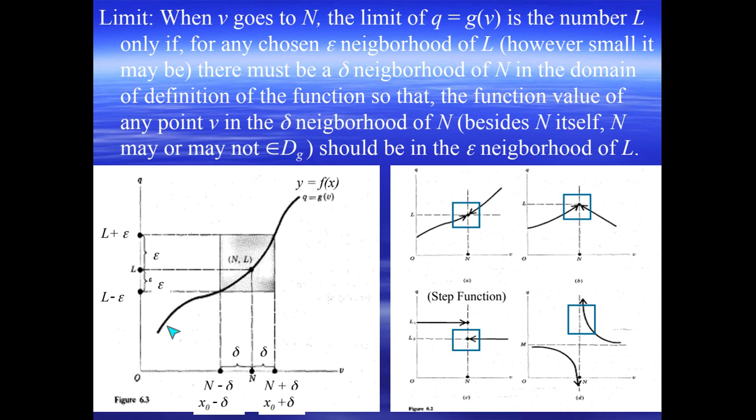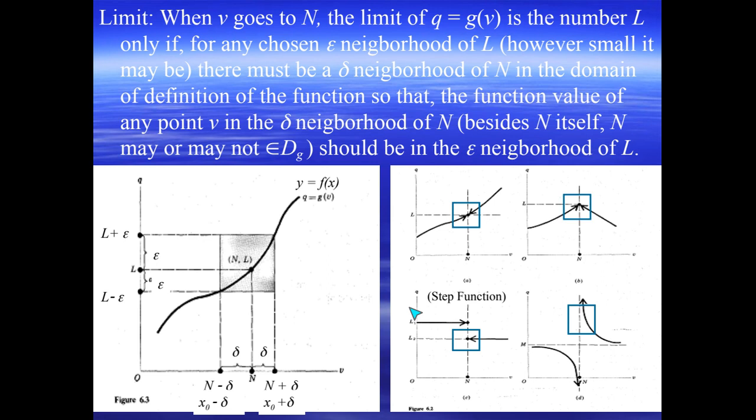All right. What is the delta neighborhood of x0? The delta is read like this. Delta neighborhood of x0. It is denoted also by a kind of interval, but we should be careful in using it.